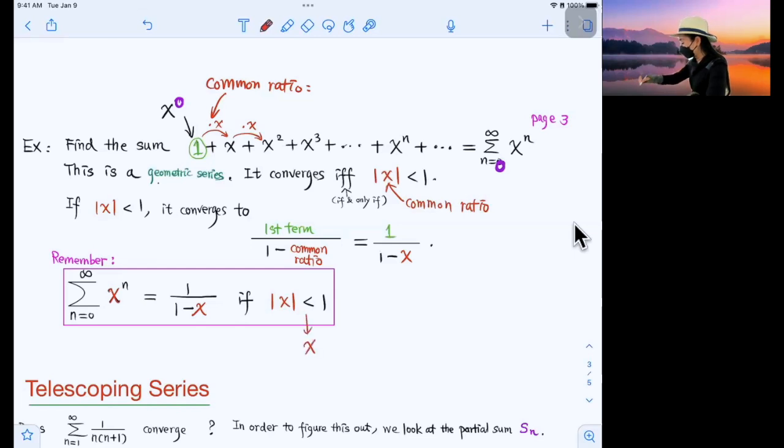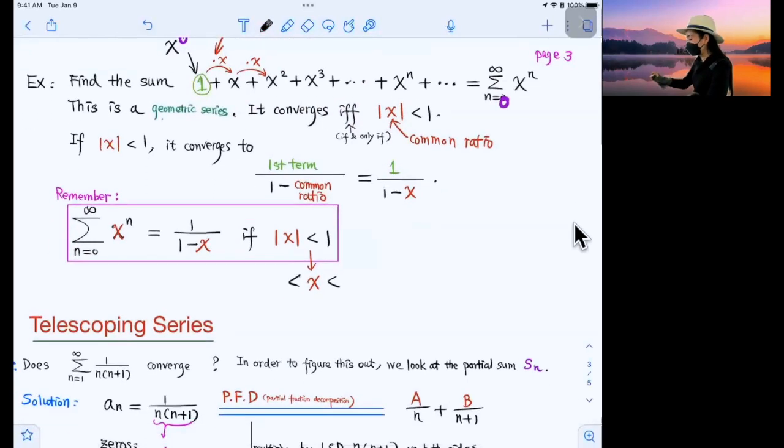X is between -1 and 1. So if x is between -1 and 1, then this is going to equal 1 over 1 minus x.